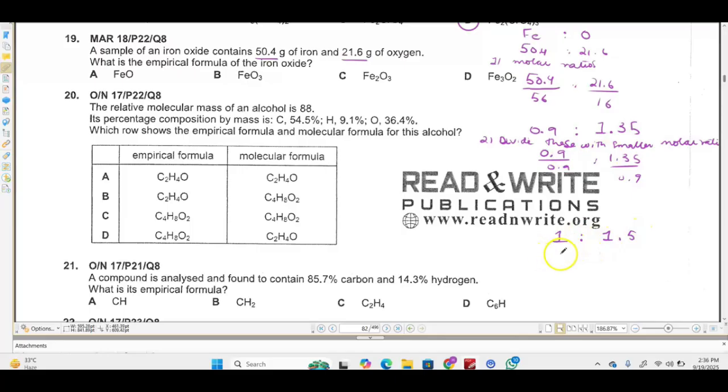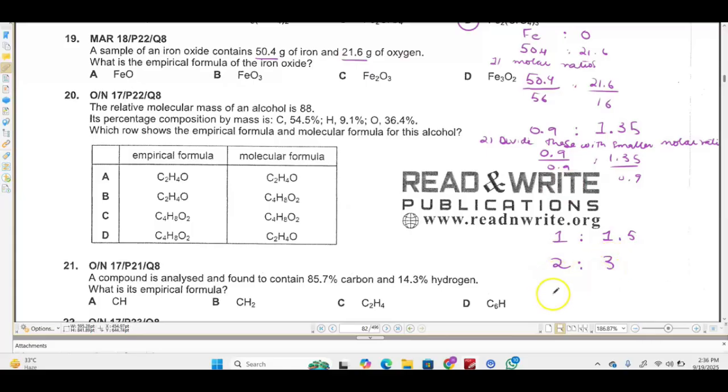So now, since we need simple whole number ratios to find the empirical formula, we are going to multiply these two ratios with a whole number. Okay. For example, we can multiply it with 2. So over here we get 2, and when we multiply 2 with 1.5, we get 3.